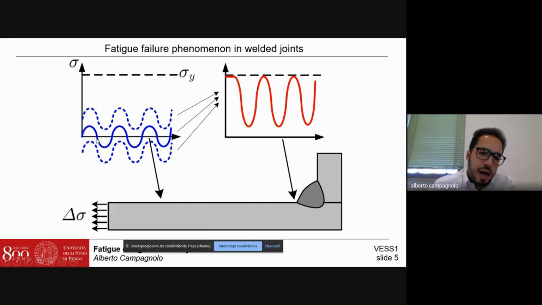If we apply small, reduced, or moderate stress load far away from the weldments, we can observe that locally, that is close to the weld side, we obtain a scaled up stress range. I mean, if the stress range applied nominally far from the weldments is small or reduced, the stress range is the difference between the maximum stress and the minimum stress, as already presented in previous presentation.